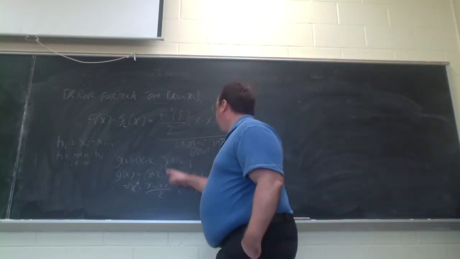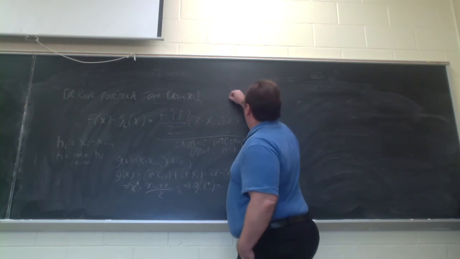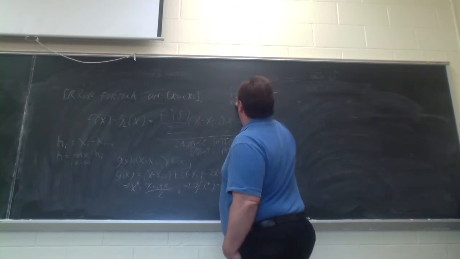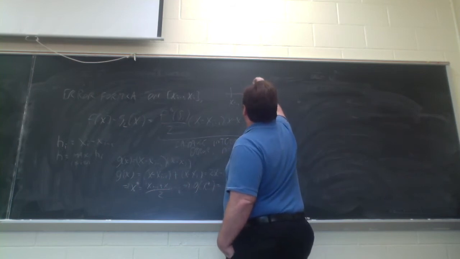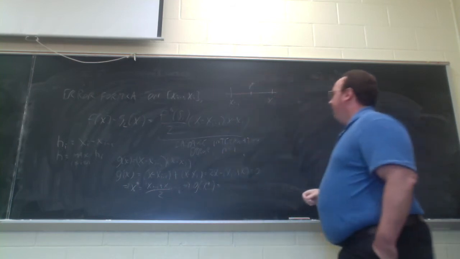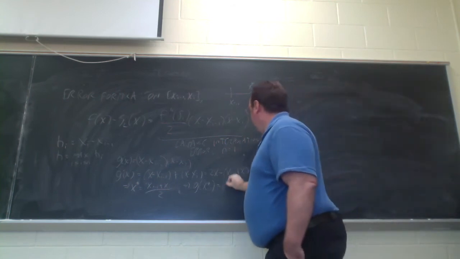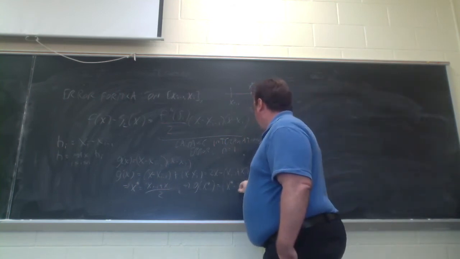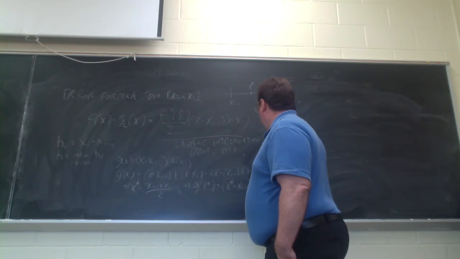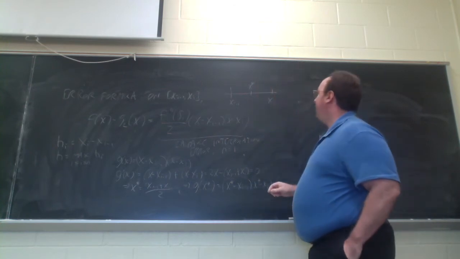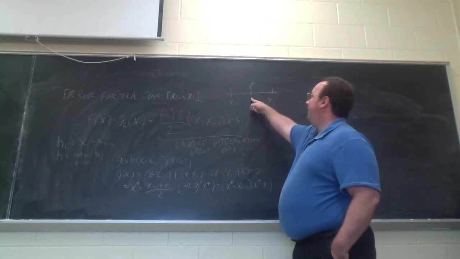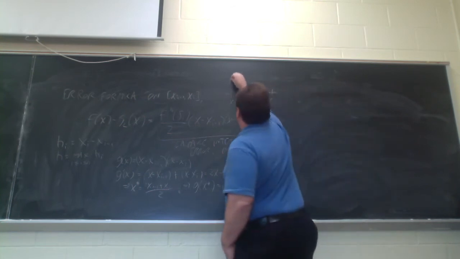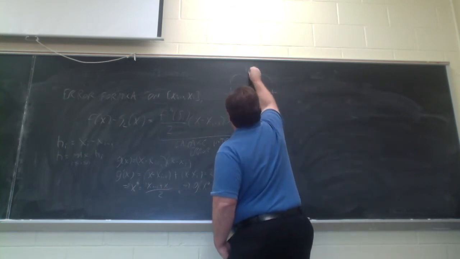Here are my 2 points: x_{i-1}, x_i. x star is in the middle. So I'm going to have x star minus x_{i-1}, x star minus x_i. Now, if I look at these differences, since this is in the middle, the whole interval has a width of h_i.